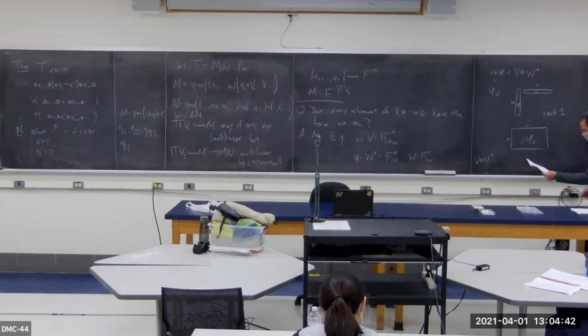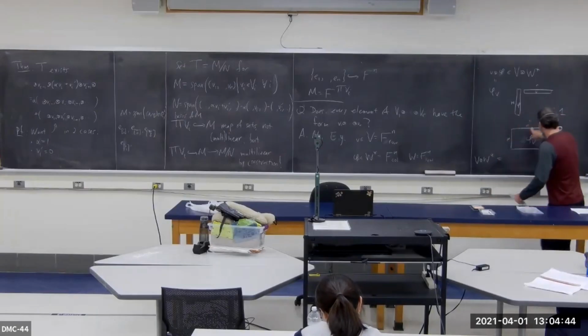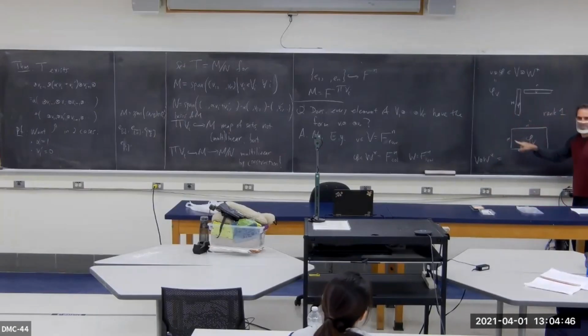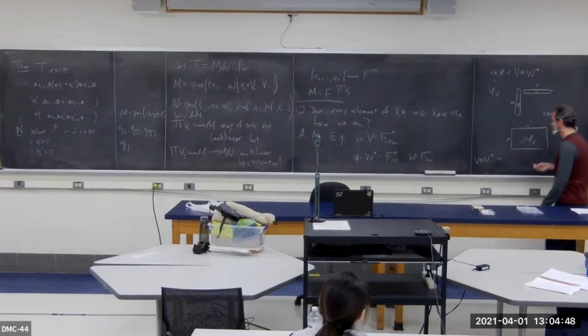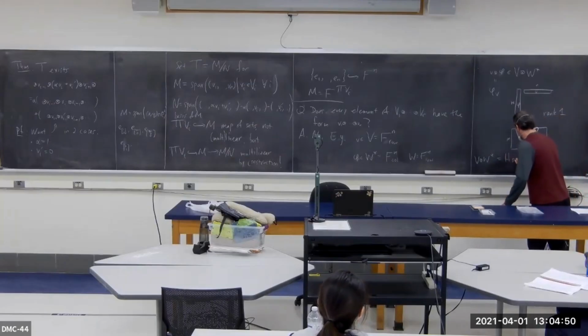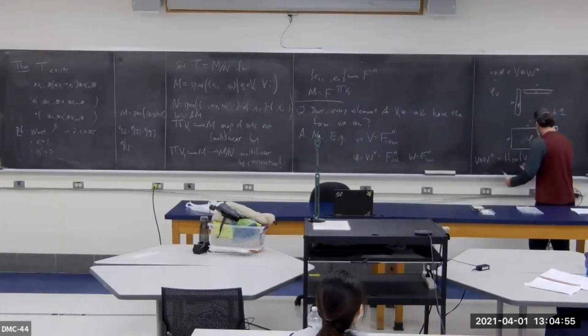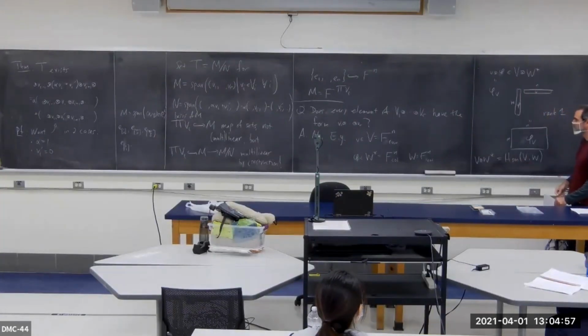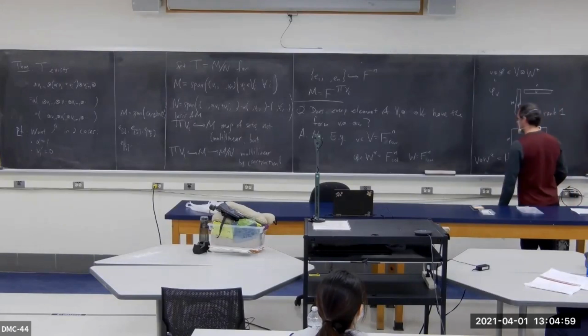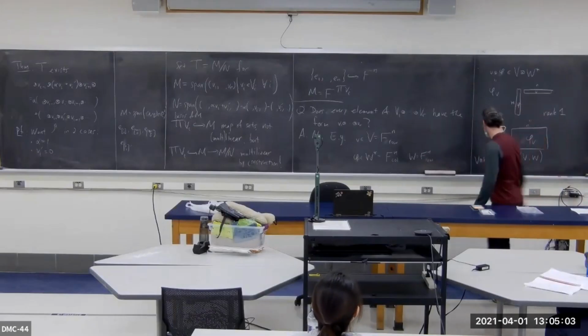So V tensor W star, what is the set of all matrices here? The set of all matrices is going to be Hom from V into W, right? It's going to take column vectors. I'll fix what my notes say later.